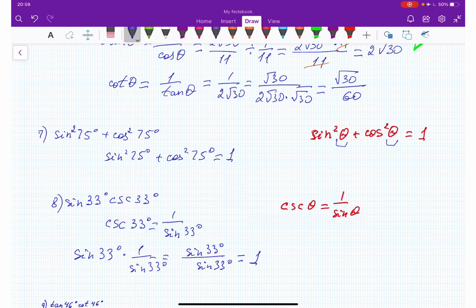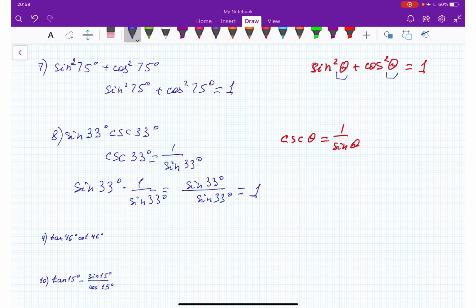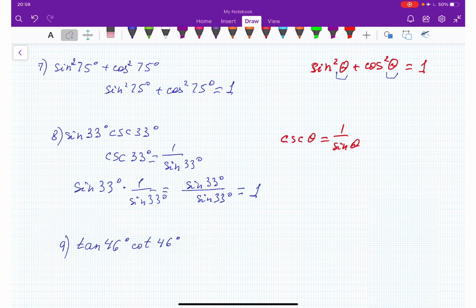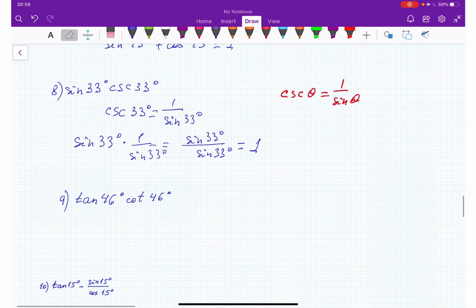Okay, moving to the next one: tangent times cotangent, 46 degrees. Tangent 46 times cotangent 46. So we know that cotangent theta is 1 over tangent theta, yes?